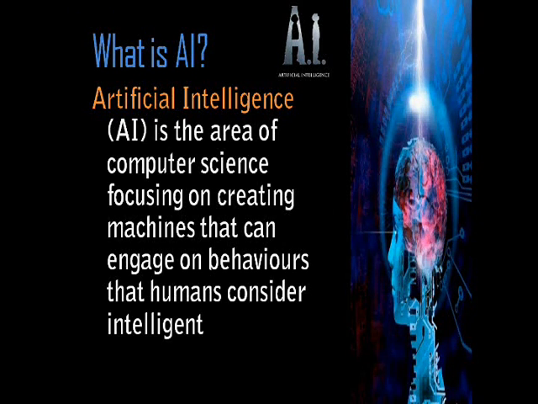AI is defined as the study and design of intelligent agents, where an intelligent agent is a system that perceives its environment and takes actions that maximize its chances of success. John McCarthy, the inventor of Lisp, defines it as the science and engineering of making intelligent machines.